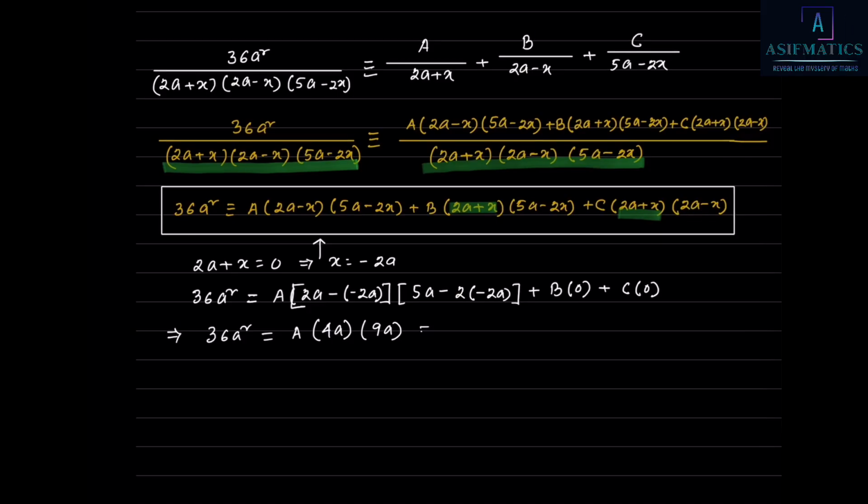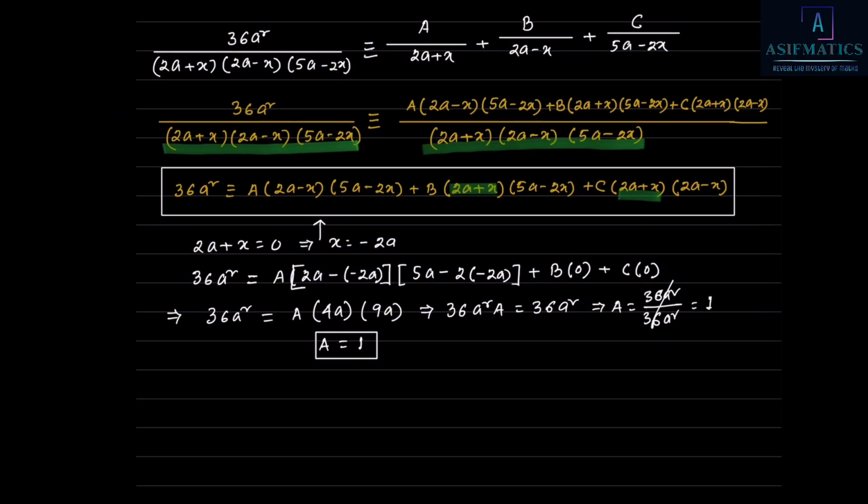So we can write 36a² times A equals 36a², or the capital A should be 36a² divided by 36a², cancel out, so it will be 1. So our first term A is equal to 1.